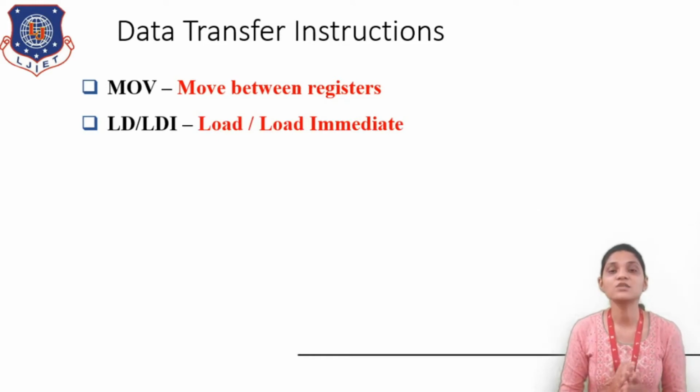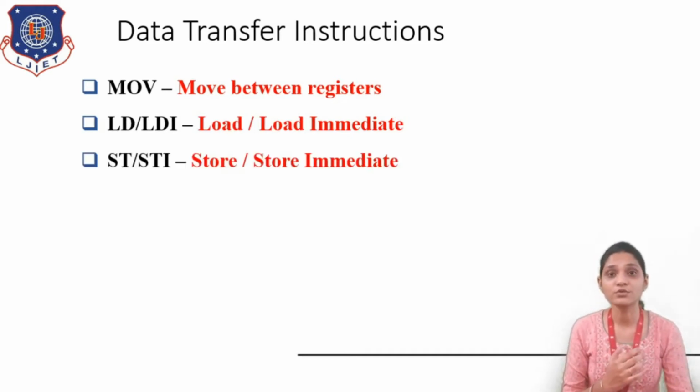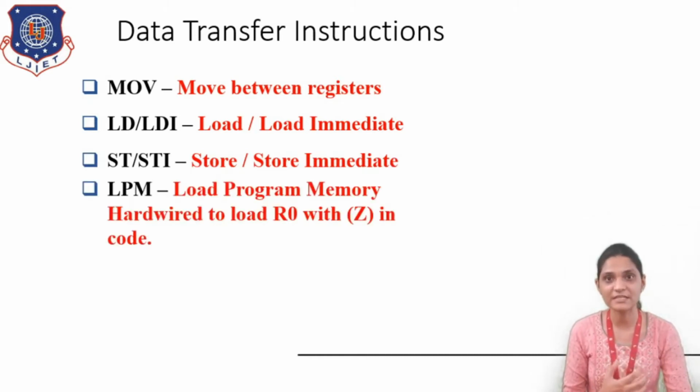In LD instruction we can load the data from a particular memory location, or we can load the immediate data to that particular register. We can also use instructions like ST or STI to store or store immediately, or we can use the LPM instruction, that is loading the program from memory, that is your flash memory.